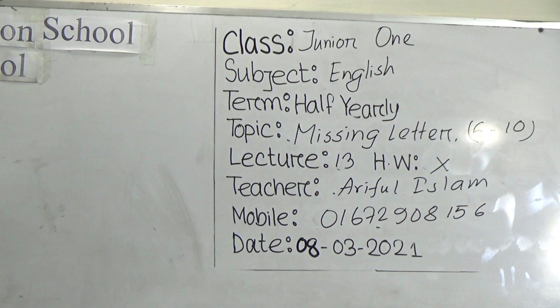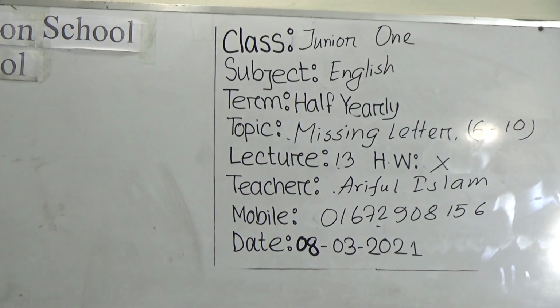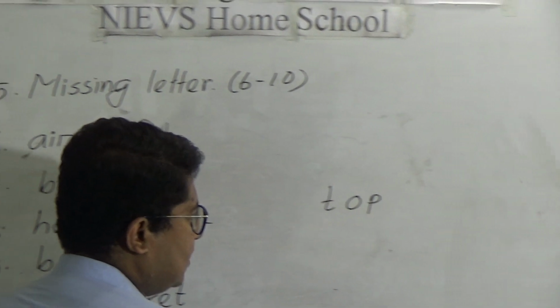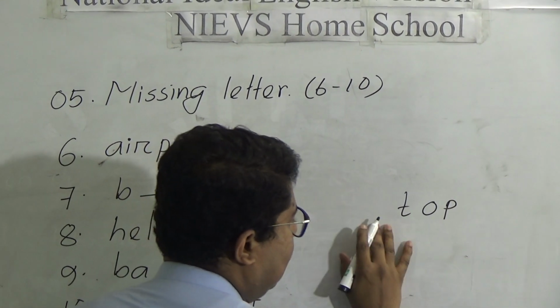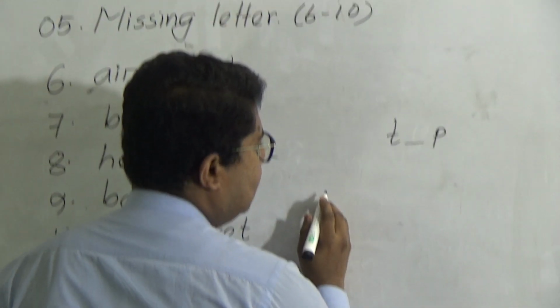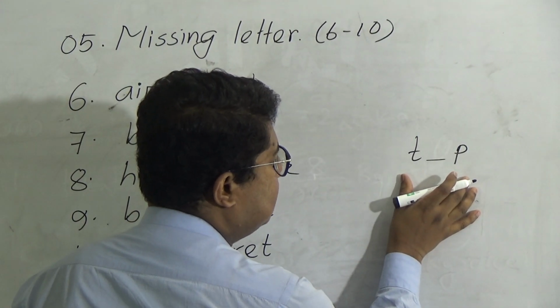So my dear students, let's see first what is a missing letter. If I write top, I have written a word top, and if I erase this letter, this is called the missing letter.